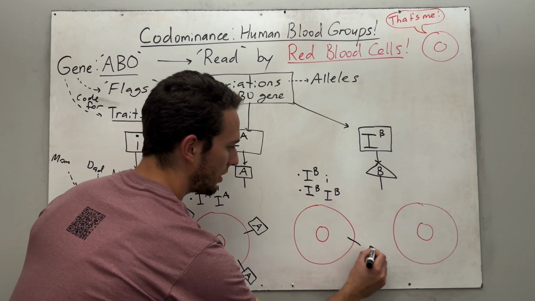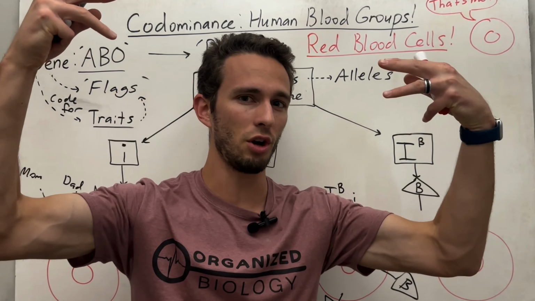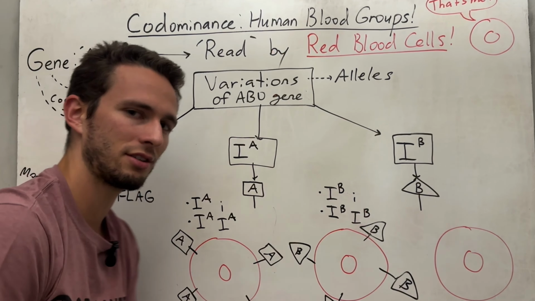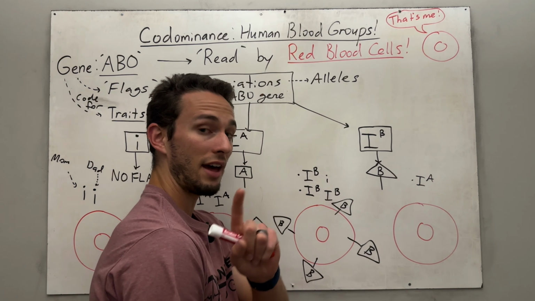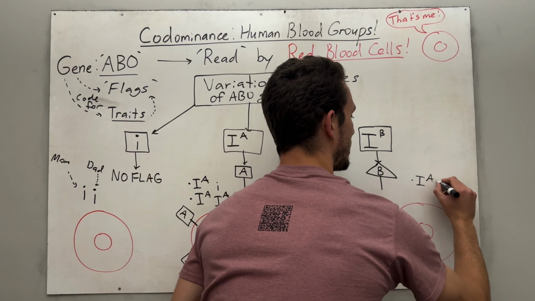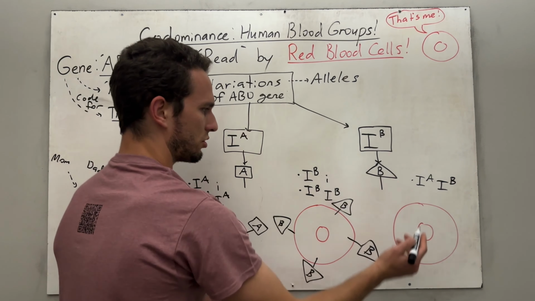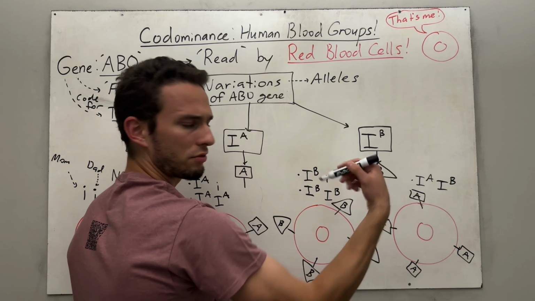But Mr. Jackson, you haven't mentioned a darn thing about codominance, where 2 alleles are fully shown up in the cell's traits. Well, here's where the last blood cell comes in. Let's say, for example, from mom, you received this allele, where you have a big I, big A. And then from your dad, you received a big I, big B. Well, in this case, that codes for the A flags, and that codes for the B flags.